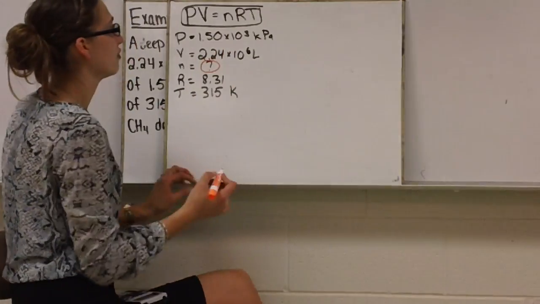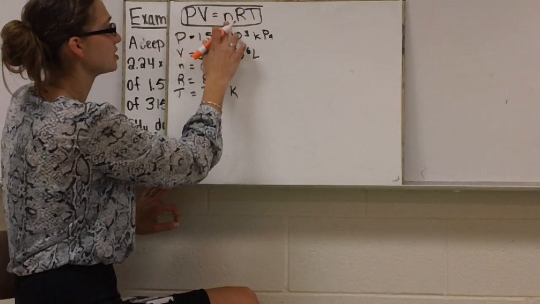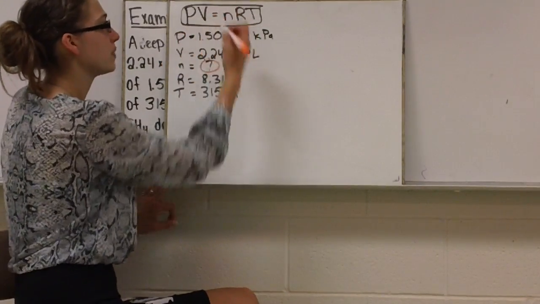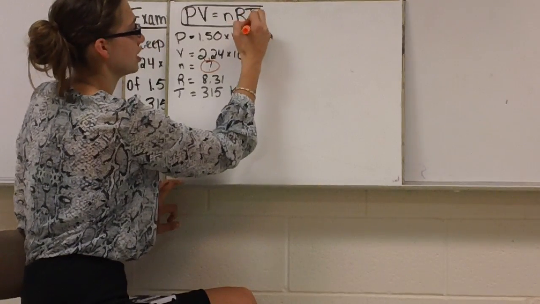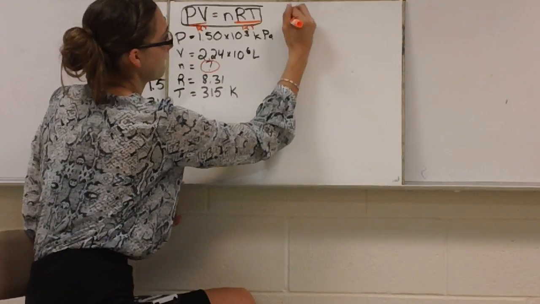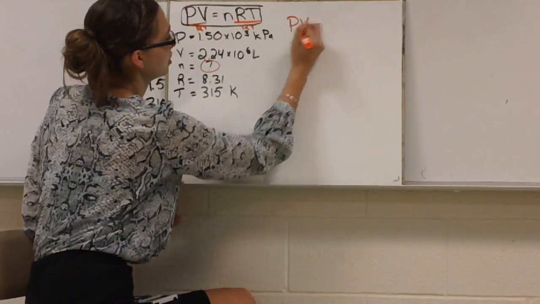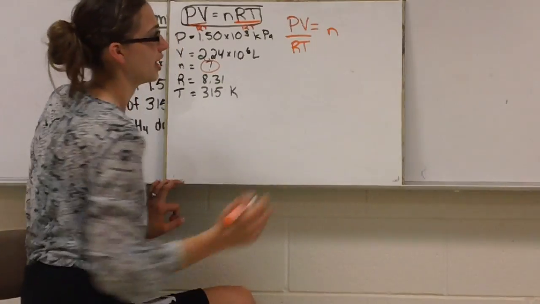So here we're looking for moles. So what I want to do is rearrange our equation PV equals nRT so I get moles by itself. How am I going to do that? I'm going to divide by RT on both sides. So I'm going to get PV over RT is equal to n.